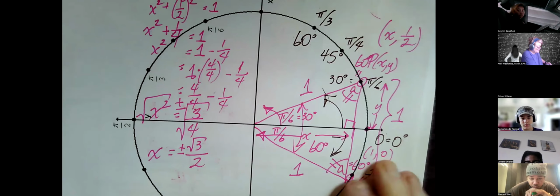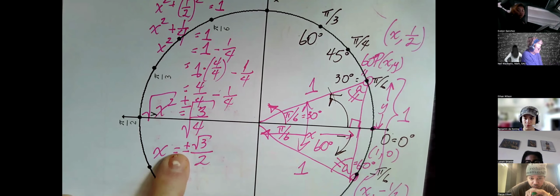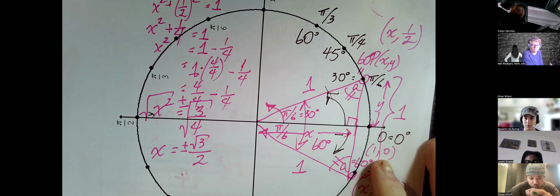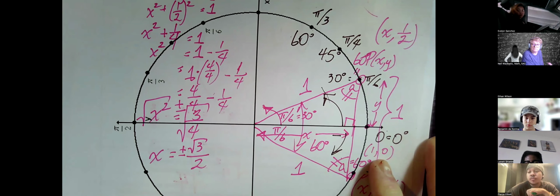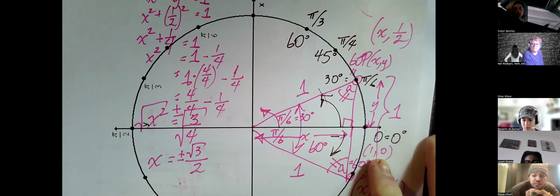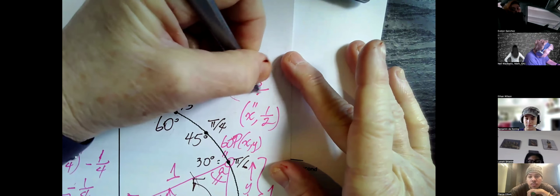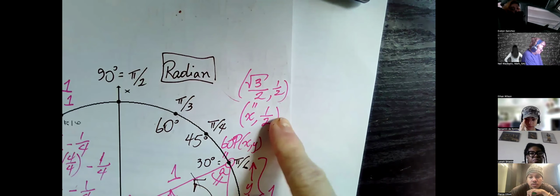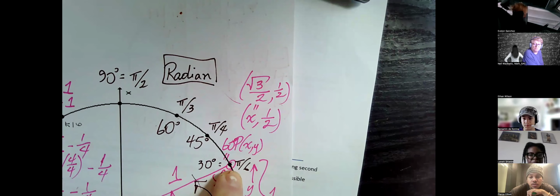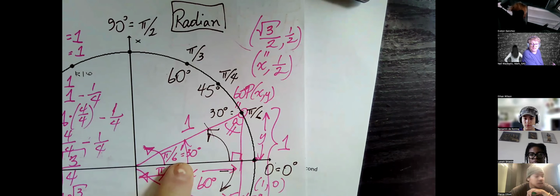And for x in the first quadrant, do we use a plus or a minus? Plus. Good. So we've got positive square root of 3 over 2 comma 1/2 for this point at pi over 6, or 30 degrees.